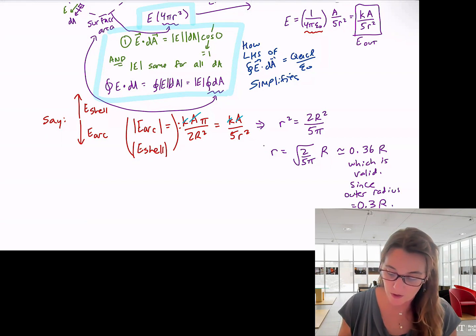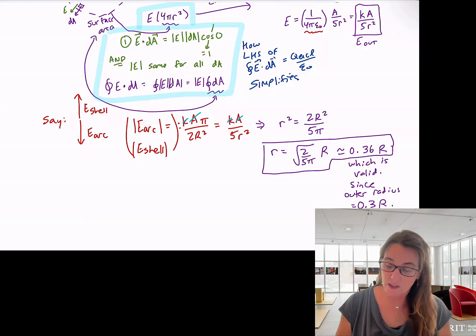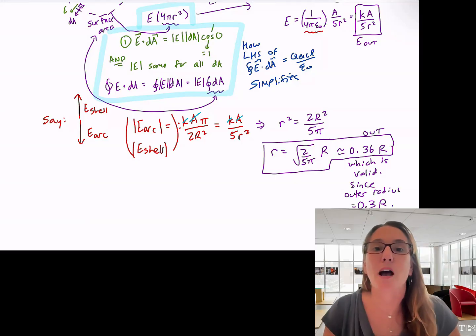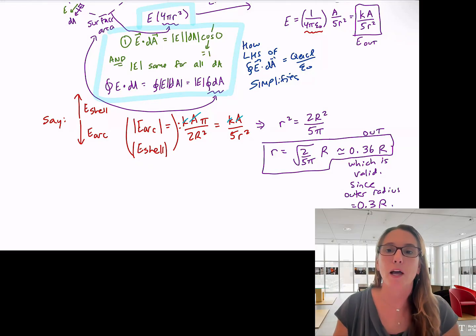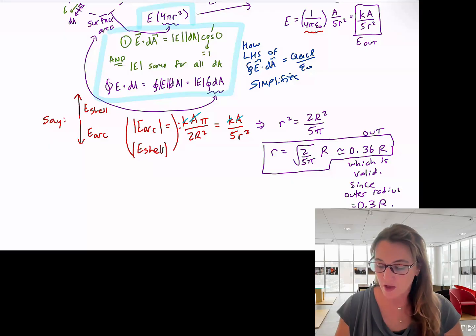But because we do have a value which is valid for outside of the shell, because it is indeed outside of our outer radius that was supplied, then we have a valid result that is correct.